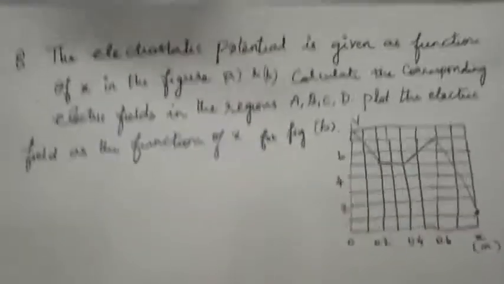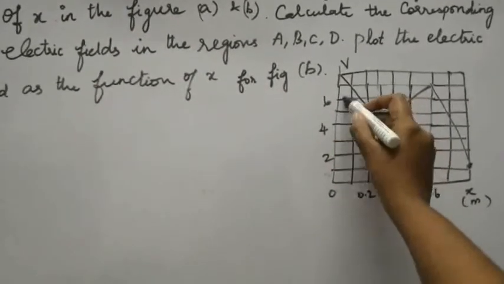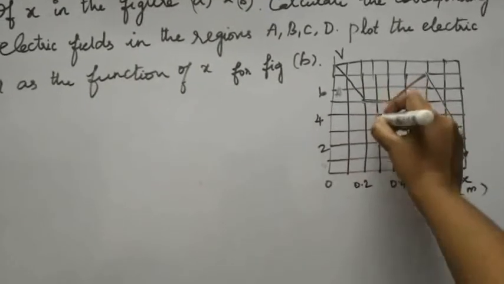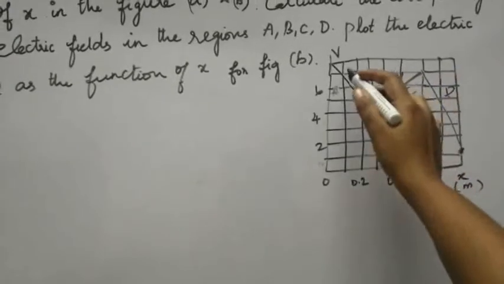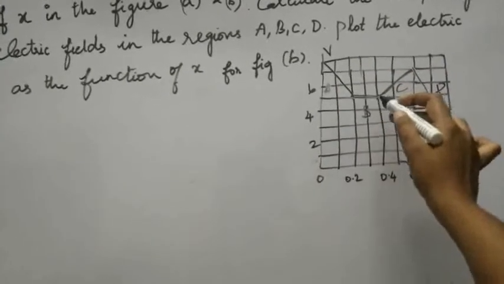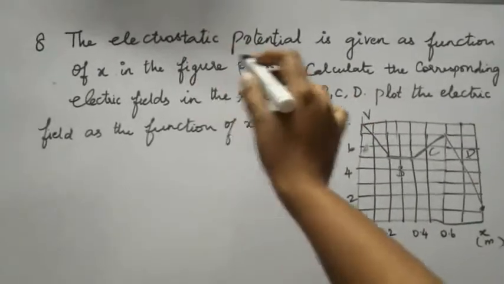So let us first consider the first figure, A. This is region A here, this is region B, this is region C and this is region D. So for these regions A, B, C and D, what you have to calculate is the electrostatic potential.